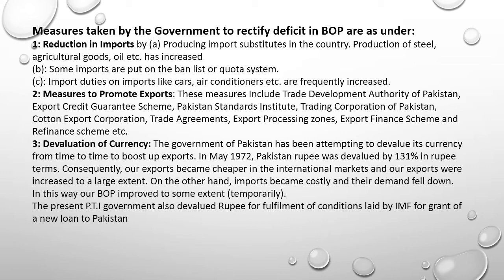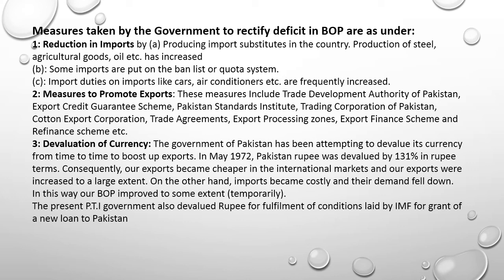Then C is import duties on imports like cars, air conditioners, etc., which are frequently increased. When we purchase, say, a car for 10 lakh rupees, we impose a duty of say 5 lakh rupees on it, then it becomes costlier. And when the price of a commodity goes up, people purchase that commodity less than before.